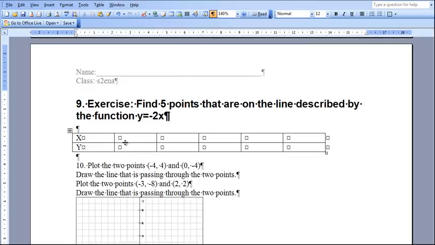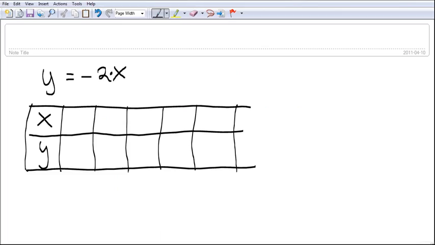It doesn't really matter. So for here, let's choose 5 x values. Let's choose 0 and a couple of negative numbers, minus 2, maybe minus 6, and let's take 3 and 5.